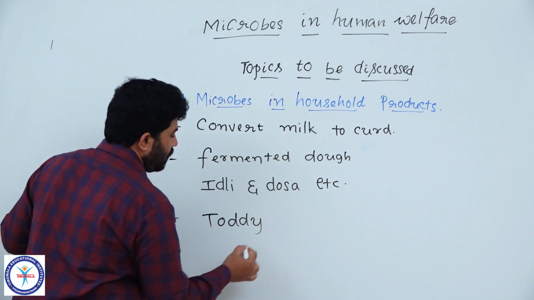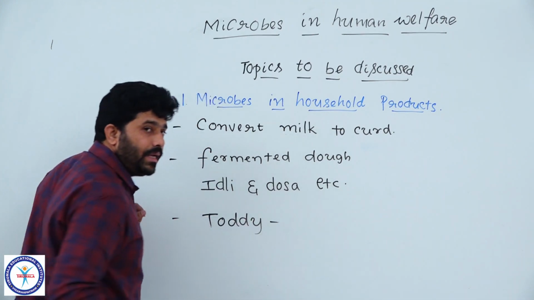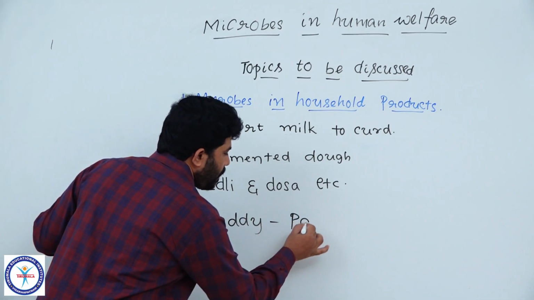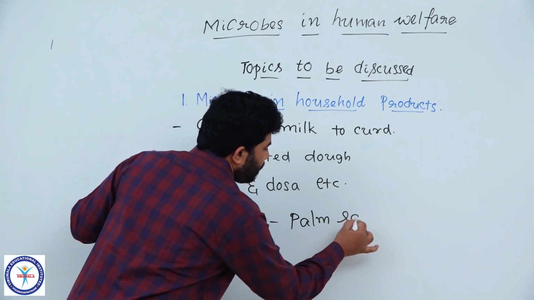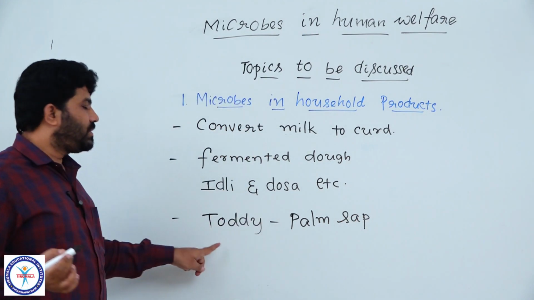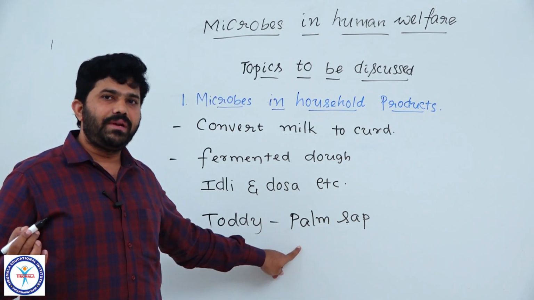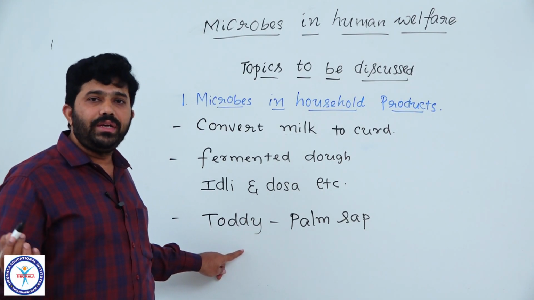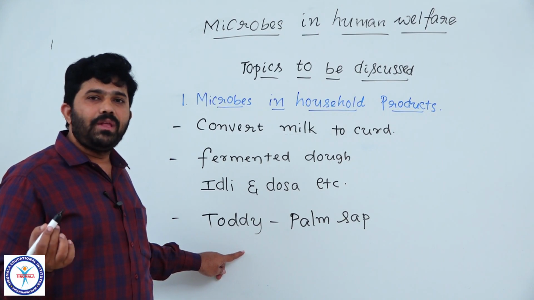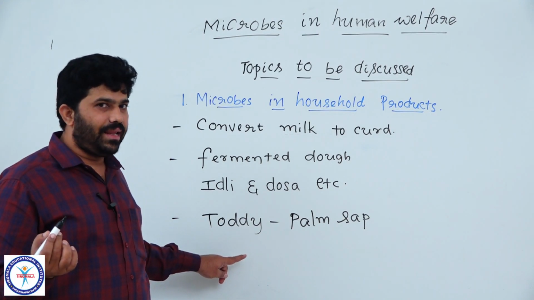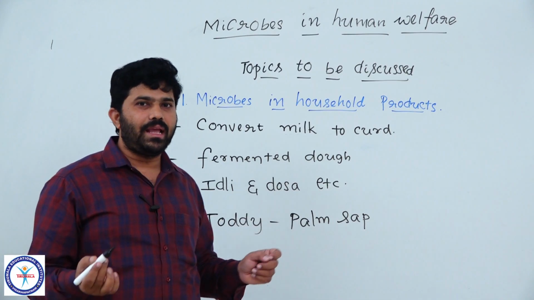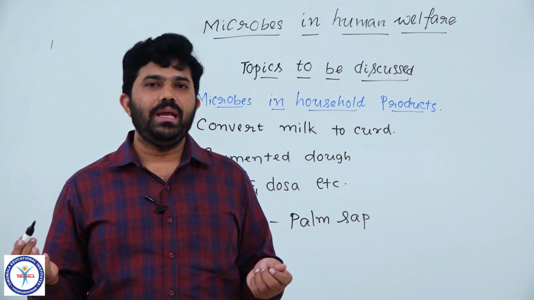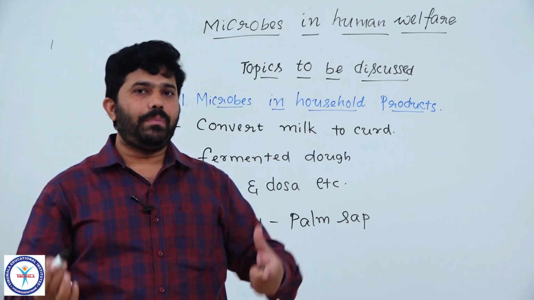toddy. What is toddy? Toddy means palm sap. Palm sap we obtain from palm trees. In South India, people mostly use it as a drink, from palm trees like Borassus flabellifer, different kinds of palm trees.